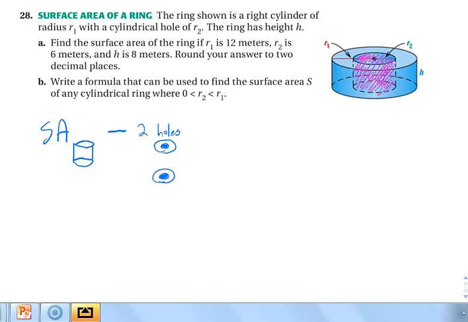So if it's saying to find the surface area of the whole thing, we're going to have to then add in the lateral area of the smaller radius. And that's, I think, the part that a lot of people forget about this problem. So I can go through and solve this all the way through if people want, but right now I'm going to stop as is.